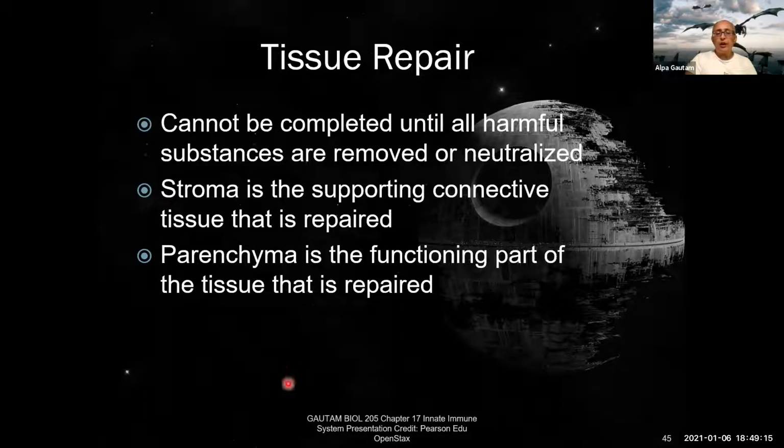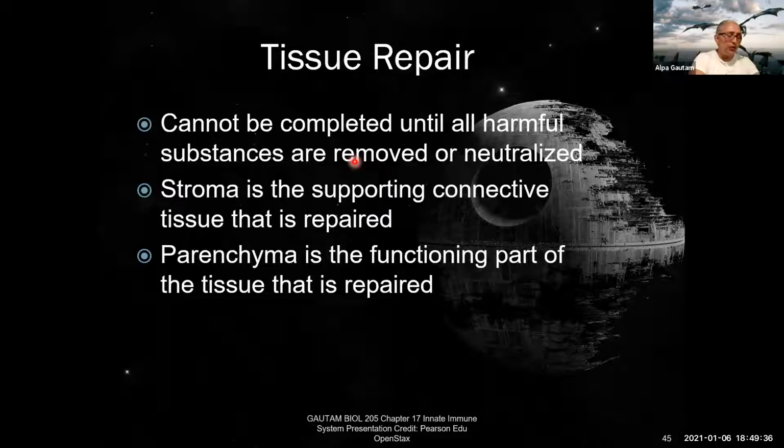So when you do have damage because of physical trauma, or because of chemical trauma, or because of the presence of pathogens, tissue repair can't be completed, right, until all of the harmful substances have been removed and neutralized, right?